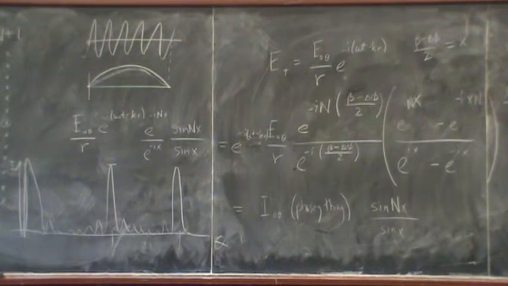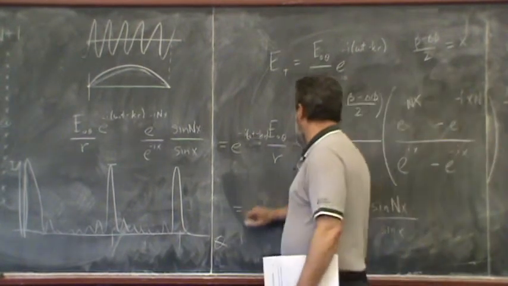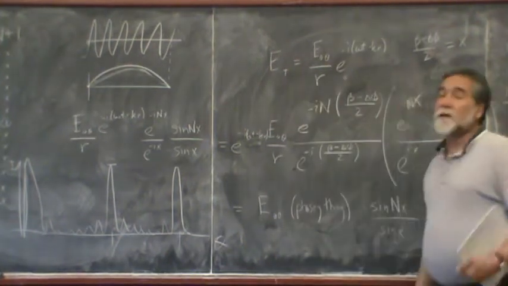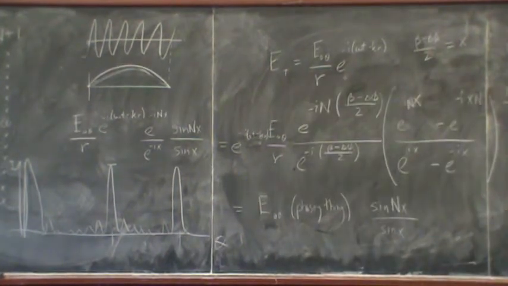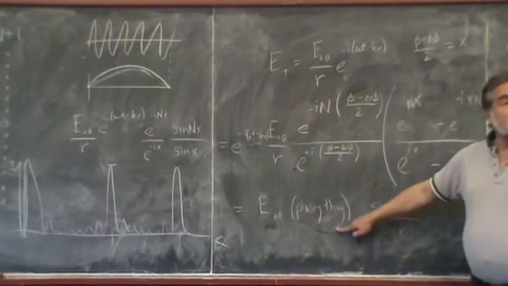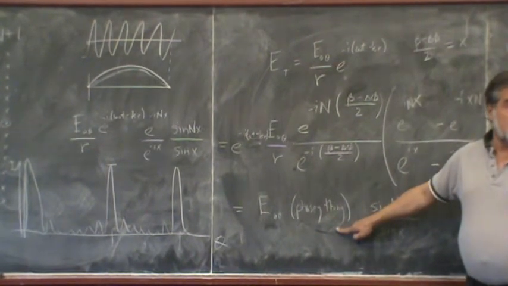To get the intensity, I multiply by its complex conjugate, since I'm working with complex numbers. That gets rid of the phasey thing because the amplitude of the phasey thing is 1.